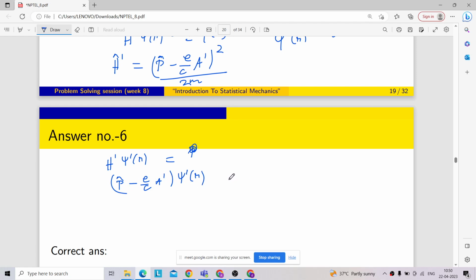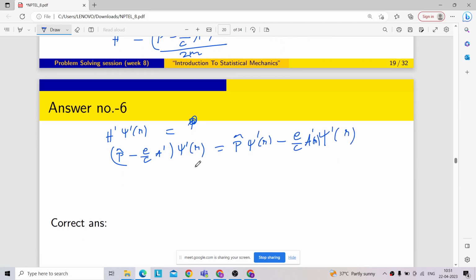Then this will become p cap psi prime of r minus e over c A prime of r operating on psi prime of r, right? Now my psi prime's form I know, I'll just put it: p cap psi prime is e to the power i e f of r over h cross c psi of r.